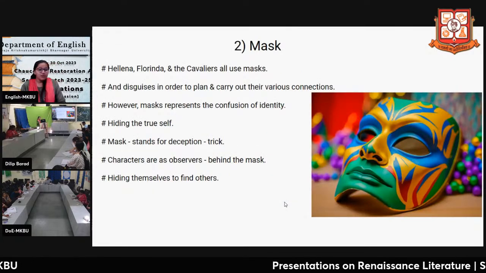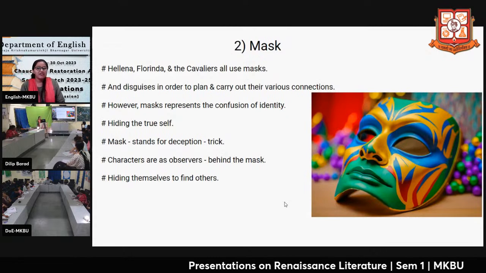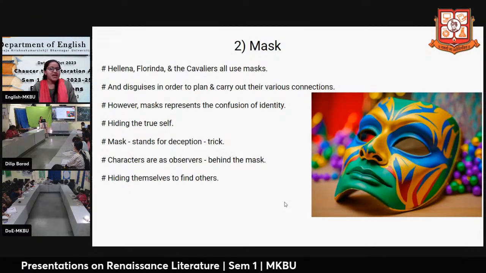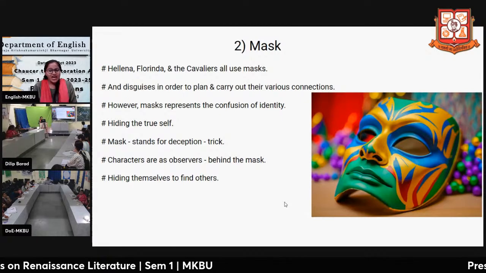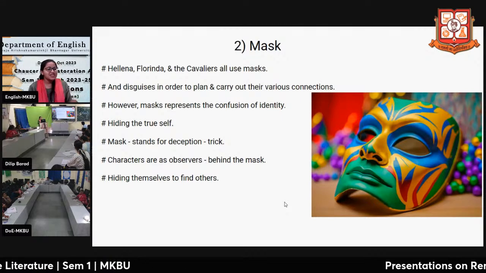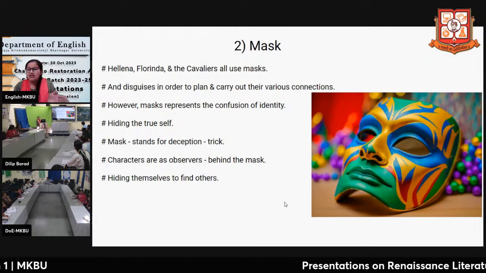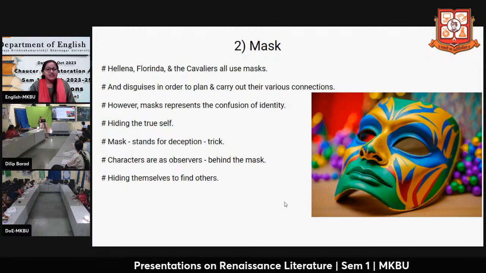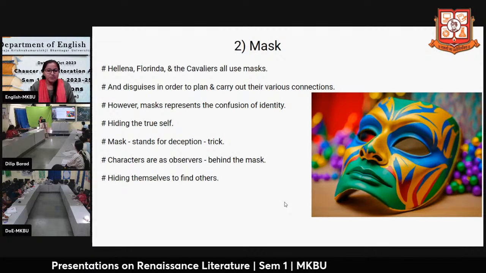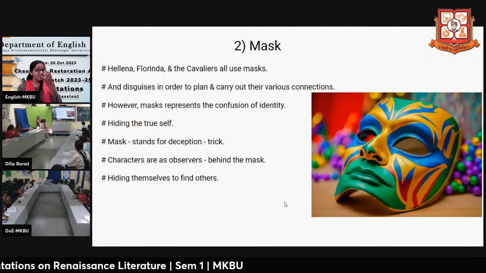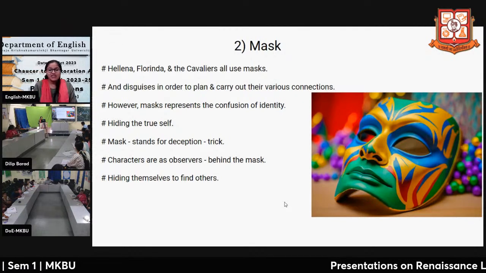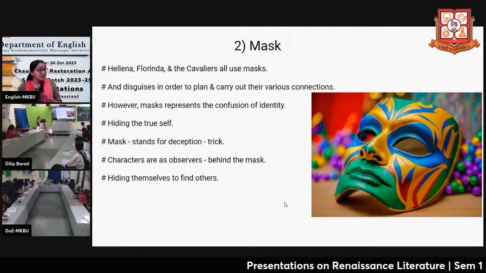The next symbol we have is the mask. Specifically it is described with Helena and Florinda, but not only Helena and Florinda use a mask; all the characters in this play use masks and disguises in order to plan and carry out their various connections. The mask represents the confusion of identity.